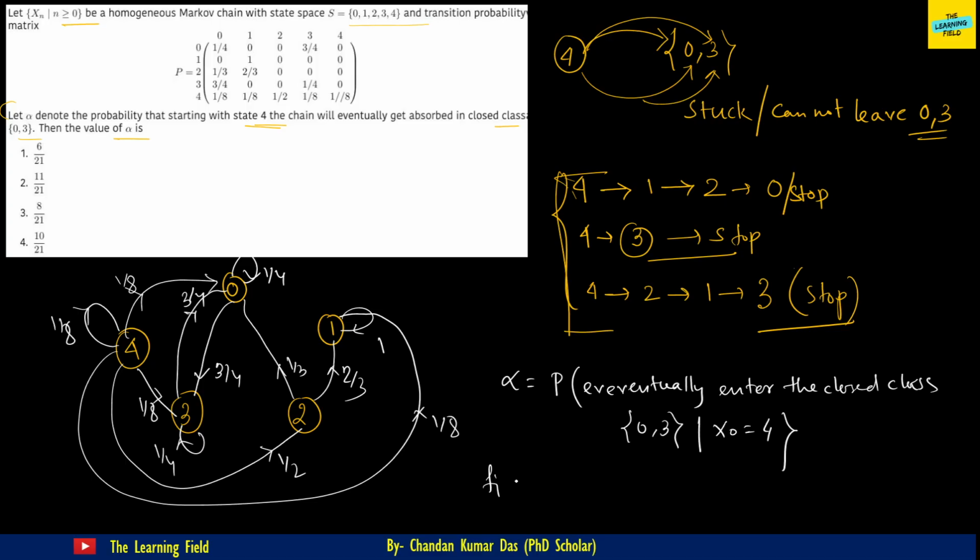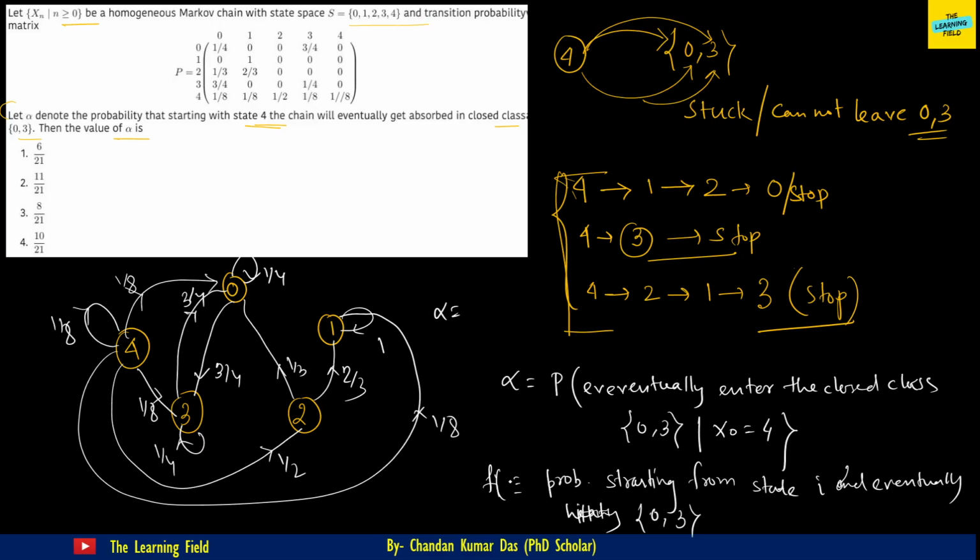And let fi be the probability, starting from state i, of eventually hitting the closed class {0, 3}. Then alpha means we have to find f of 4, because it starts from state 4, arrives at either state 0 or state 3, and is stuck there.